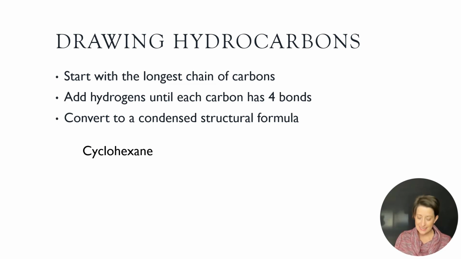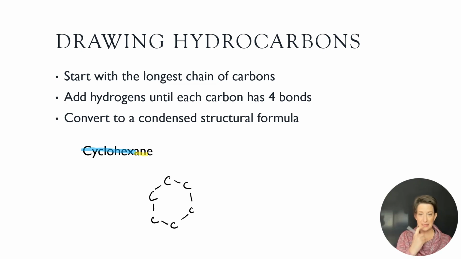So let's look at a cyclic structure for this drawing. We have cyclohexane. So hex tells us we have 6 carbons. Cyclo tells us that the 6 carbons are going to be in a ring. And it's an ane, therefore they're going to be all single bonds. So 1, 2, 3, 4, 5, 6. And we have connected all of them together.